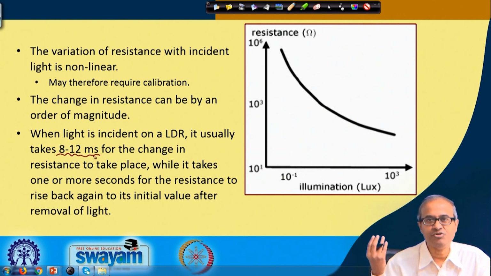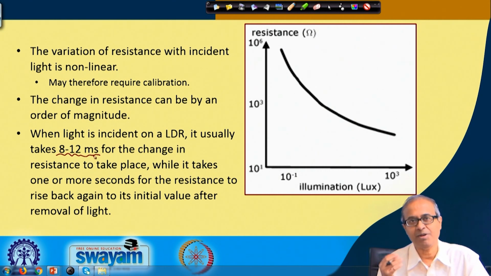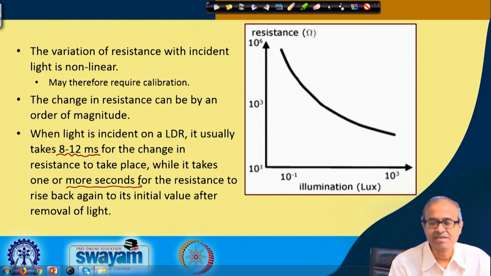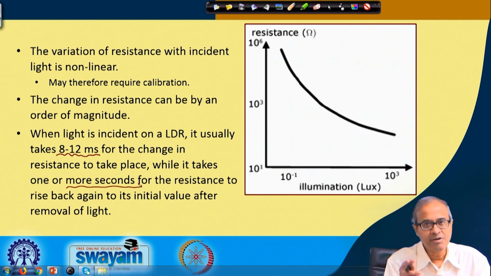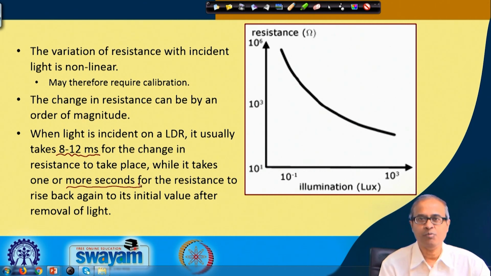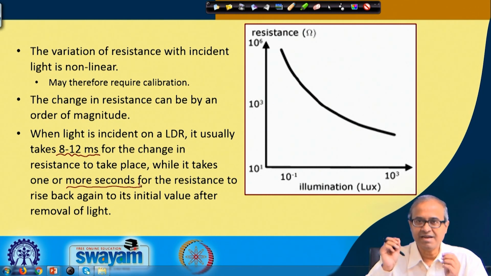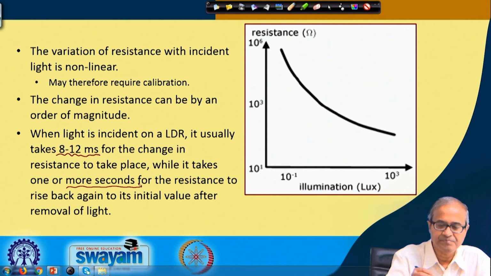And when light is withdrawn, again you put it in a dark place, then it can take a couple of seconds, a much longer time, for the resistance to go back to that high resistance state. Okay. So, you should remember that the response time is not of the order of microseconds or very low milliseconds, it can take a little time, all right. Fine.